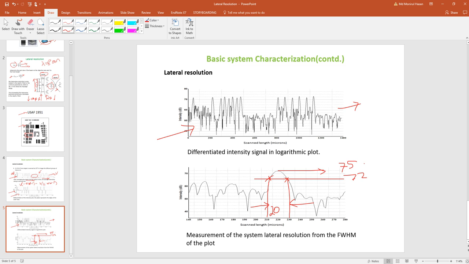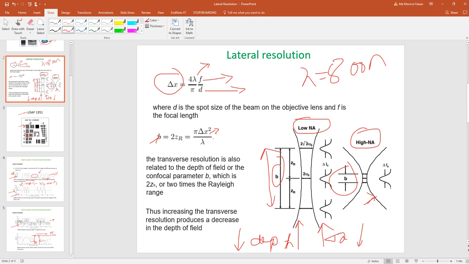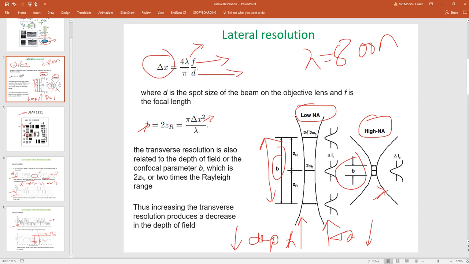In this way we will be able to determine the lateral resolution of either the 800 setup or the 1300 setup. One thing to remember is that during system design we have to think about our priority. Do we want higher depth or lower depth?